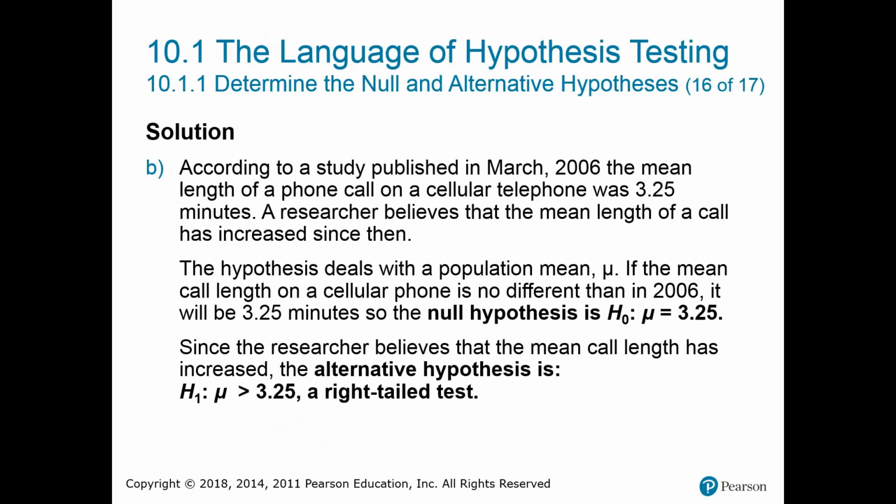The researcher believes the mean call length has increased, so that would mean that the mean is greater than 3.25. That's a right-tailed test. One easy way to remember if it's right-tailed or left-tailed, write it out like this, and when you see the greater than sign, think of it like an arrow pointing to the right. It's a right-tailed test. Your results will fall to the right of that calculated mean.